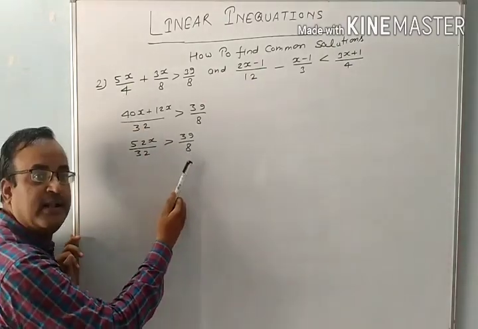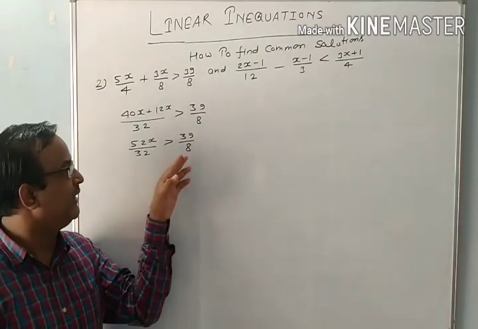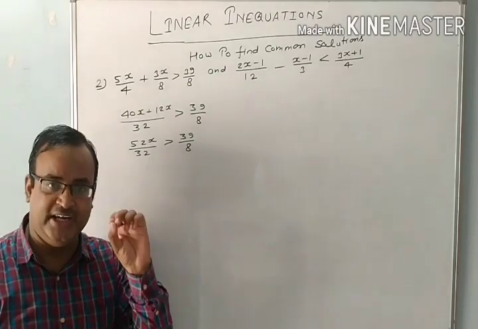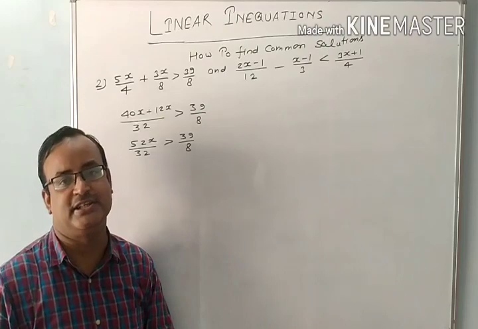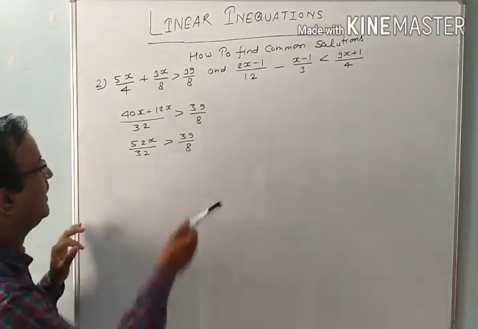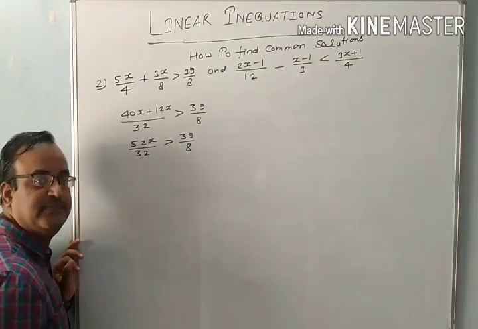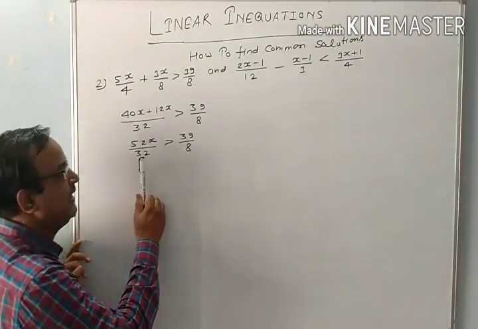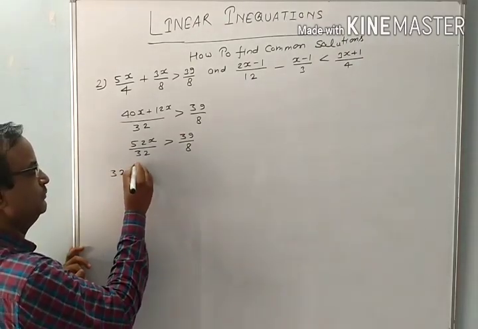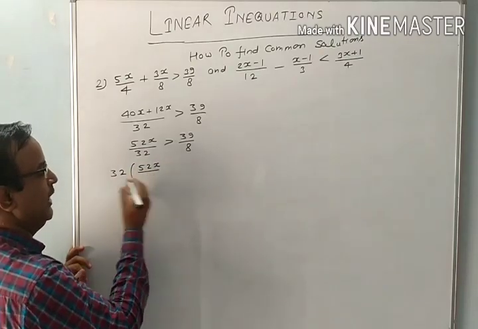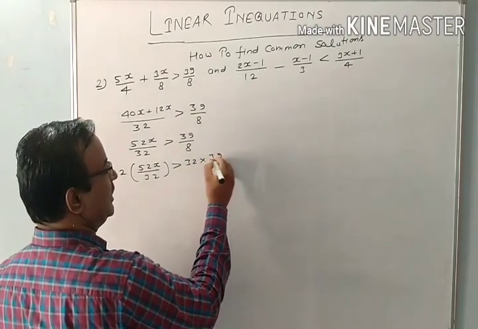Now we have to solve it. We can multiply 8 and 32. But if it is a linear equation, then we will perform cross multiplication. But now it is a linear inequation, so we will multiply both sides by a number, which is the LCM of 32 and 8. When we find the LCM of 32 and 8, I think it is 32. So we will multiply 32 on both sides. 32 into 52x by 32 is more than 32 into 39 by 8.